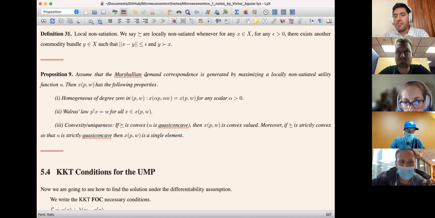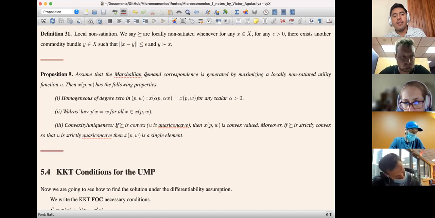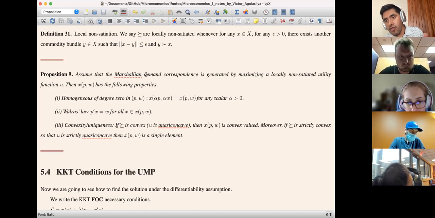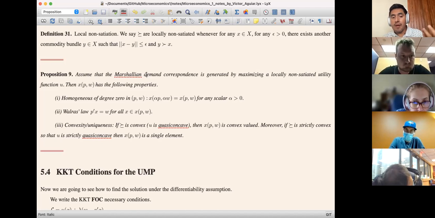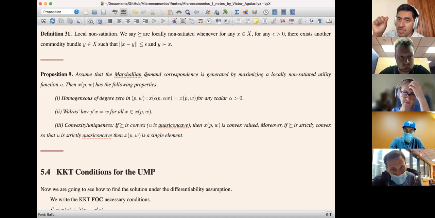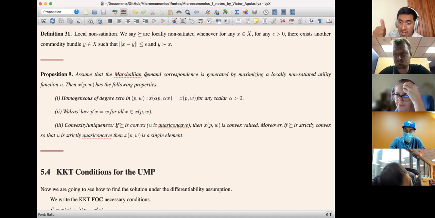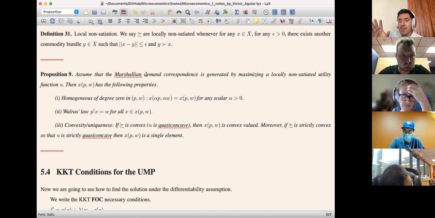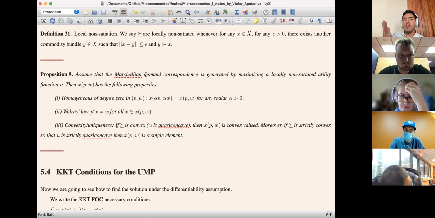Moreover, if the preference is strictly convex, and its counterpart in the utility world is strictly quasi-concave, then x(p, w) is a single element. So finally, we have a sufficient condition for a unique maximizer: a strictly quasi-concave utility.